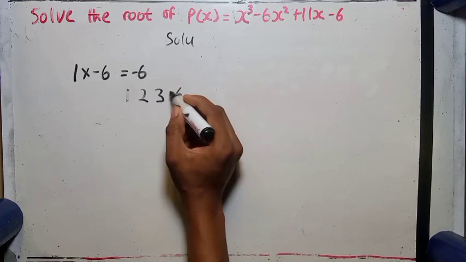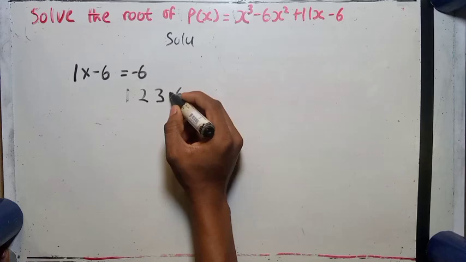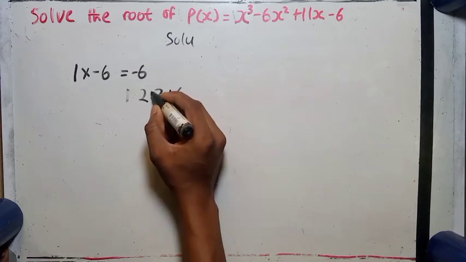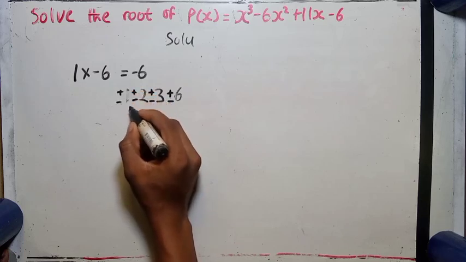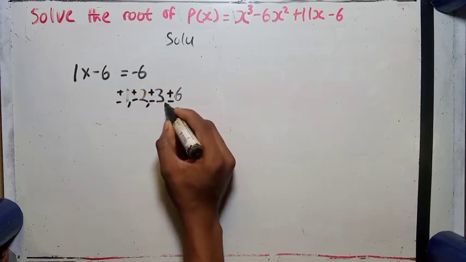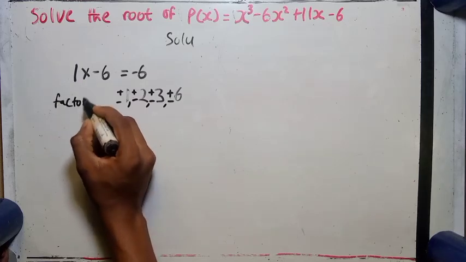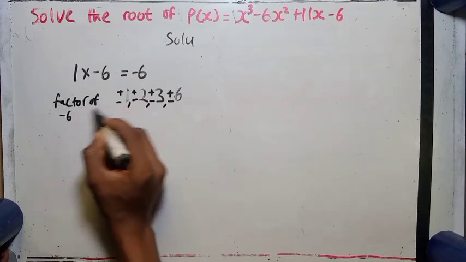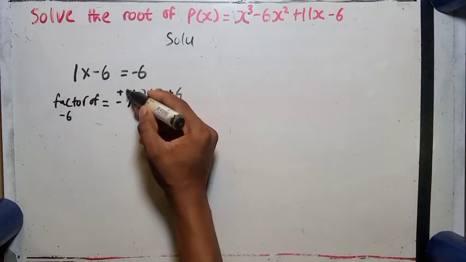So these are the factors we're going to be making use of: 1, 2, 3, and 6, and each of them are going to be having the plus and minus. So we are having 4 factors.